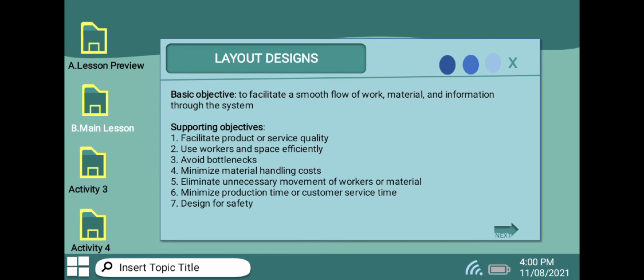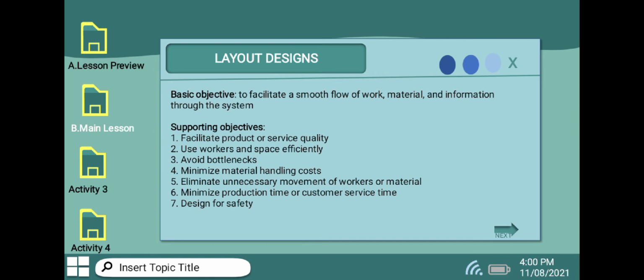Number 5. Eliminate unnecessary movement of workers or materials. Number 6. Minimize production time or customer service time. When a manufacturing operation can reduce production cycle times, more products are turned out in less time, increasing profit margins.